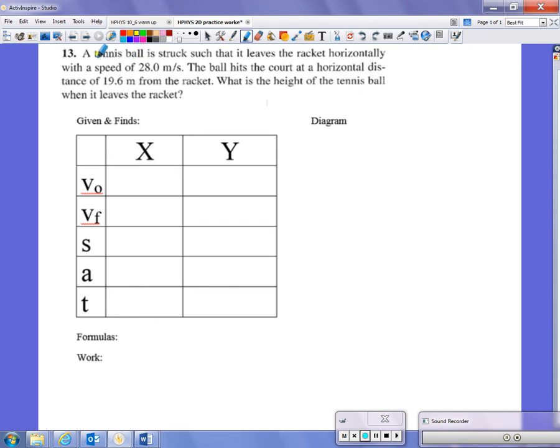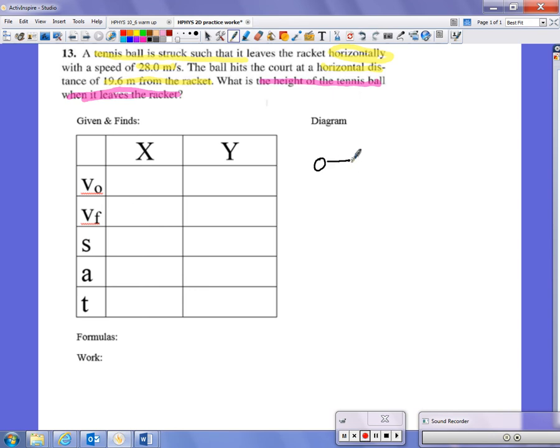It says a tennis ball is struck horizontally with a speed of 28 meters per second. The ball hits the court a horizontal distance, 19.6 meters away, and it asks what is the height when it leaves the racket. So the first thing I want to do is draw it. Here's the ball.